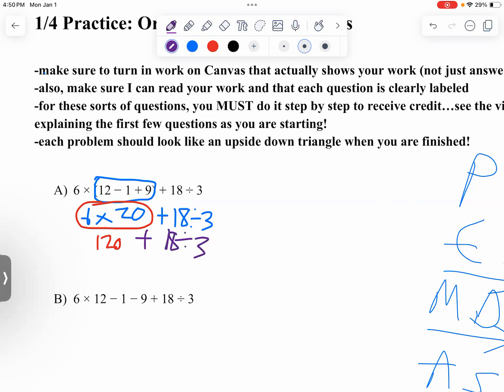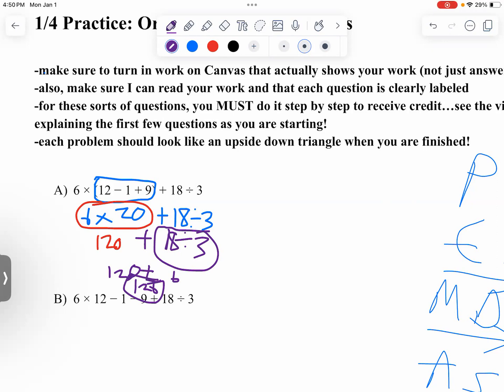Now, here's where you have to be really careful. It's not 120 plus 18 next, because this is a dividing one. So we need to circle the divided one here. 18 divided by 3 is 6. So then we have 120 plus 6 is 126. And then you box in your answer there.